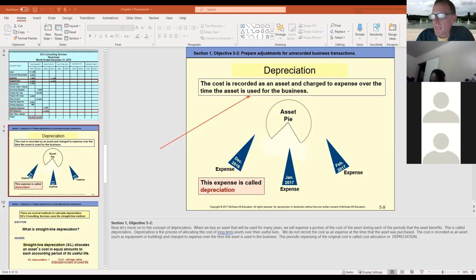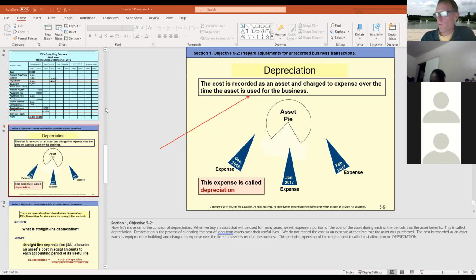And so at some point in time, if you're UPS or Amazon, you've got to charge or allocate the cost of that equipment to an expense as you're using it, because why do they use those vans and trucks? To make money. They're delivering the product. That's part of the cost of business. So depreciation is going to be the tool that we're going to use to make the adjustment.